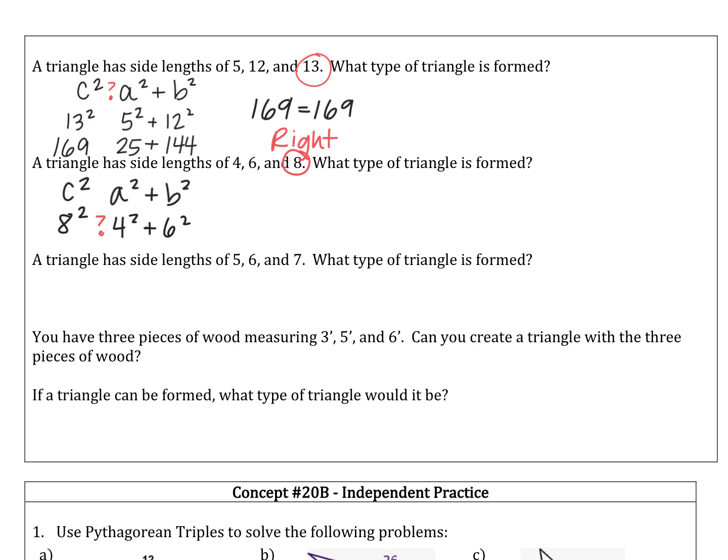What is 8 squared? So 64. 4 squared is 16. 6 squared is 36. So if you add those up, now we've got 64 is greater than 52. You can flip back to the previous page. If c squared is greater than a squared plus b squared, yeah.